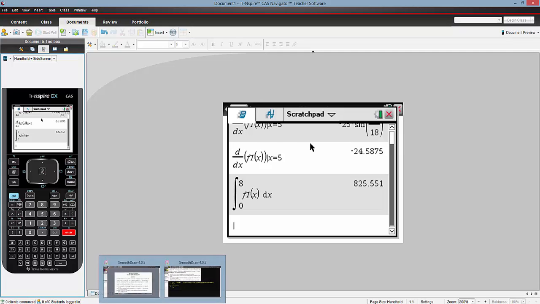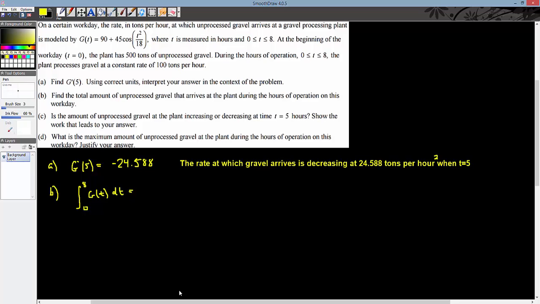So now you put that into your answer. So that is 825.551 tons arrive in 8 hours.